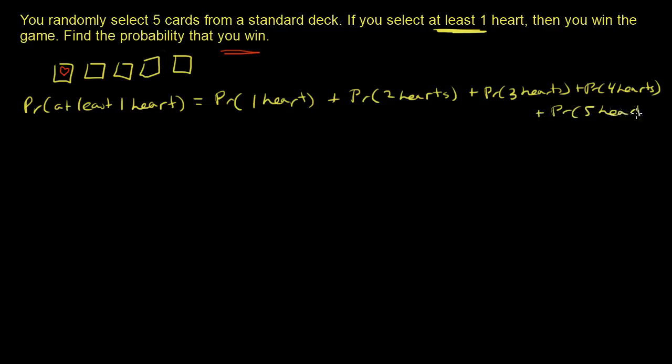Any of these options, you would win the game. So if you add up all those different possibilities, that'll give you the probability of at least one heart. They're all independent events, so you can just straight up add them.